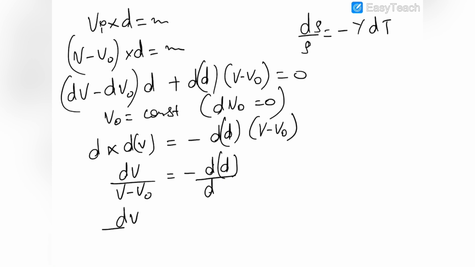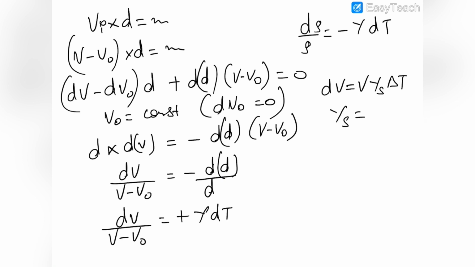So dV by (V minus V0) is equal to plus gamma dT, and dV is equal to V gamma of solid delta T. dV is the change in the total volume of the solid, and gamma of solid is equal to 3 alpha, because this is an isotropic solid. So dV is equal to V into 3 alpha dT.